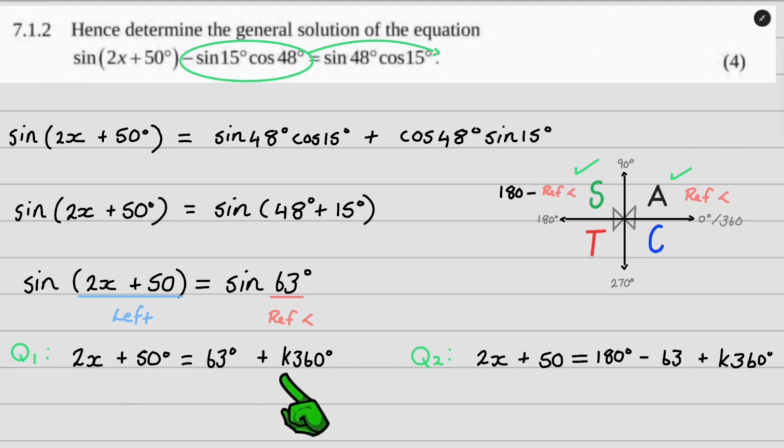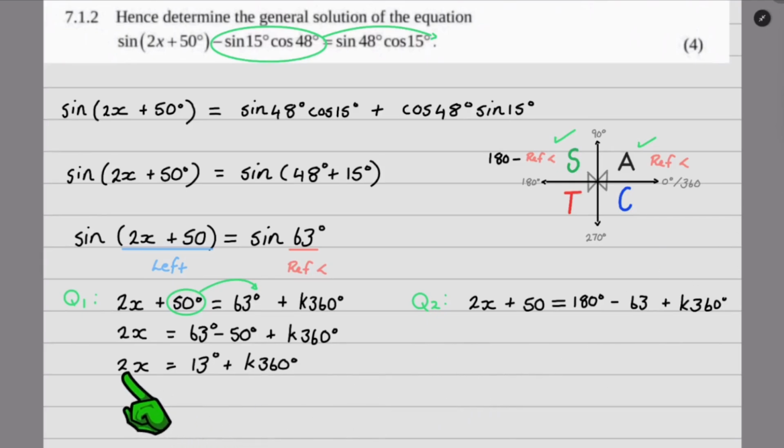So let's focus on quadrant 1's general solution first. I'm going to take this 50 over. And then it turns into minus 50. 63 minus 50 is 13. And then lastly, I just need to get rid of this 2 in front of x. So I'm going to divide everything by 2, including this k360.